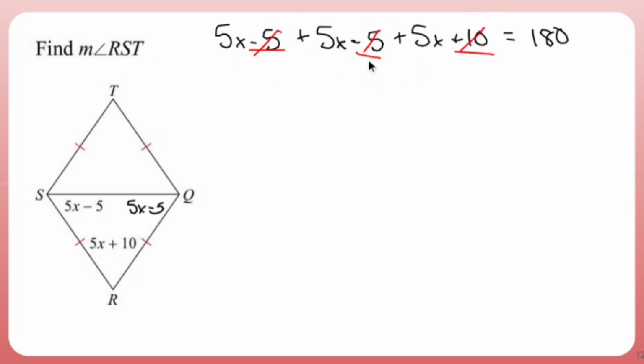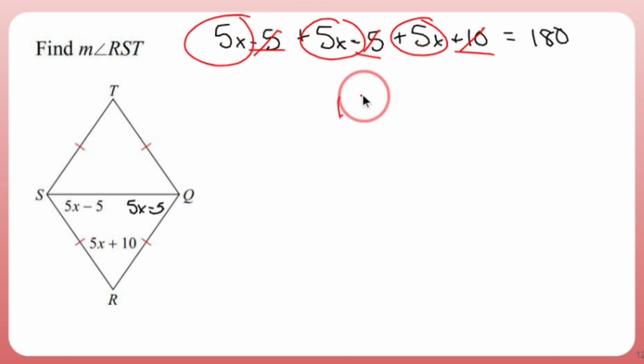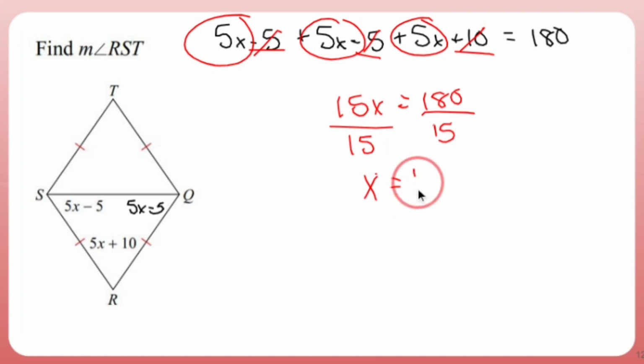Negative 5 plus negative 5 is negative 10. Negative 10 plus 10 is 0. Nothing. 5x plus 5x plus 5x is 15x. And now I have a one-step equation. All I have to do is divide both sides by 15. And x equals 12. Done? Nope.